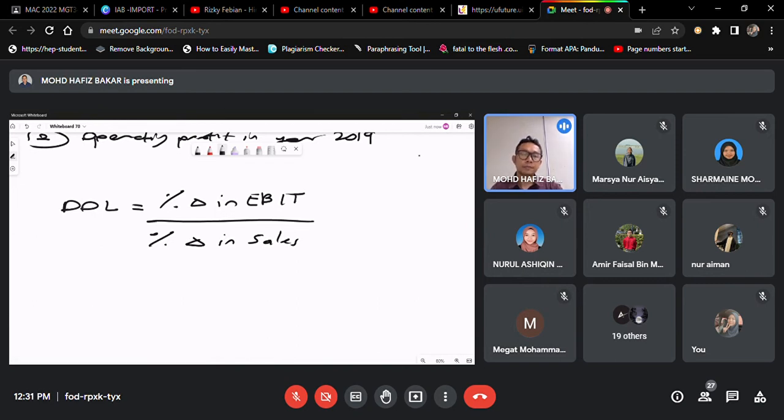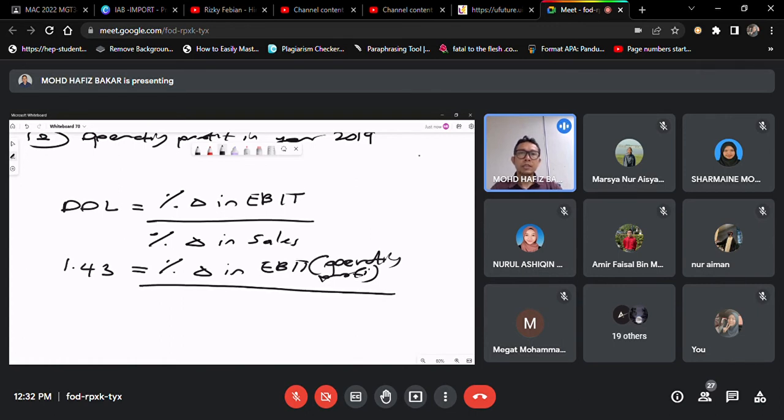Okay, so dia relate. So DOL tadi kita dah dapat untuk 2018 1.43. Okay, so yang ni kita tak tahu percentage changes in EBIT ataupun operating profit, divided by percentage changes in sales, dia kata drop kan 20%. So negative 20%.